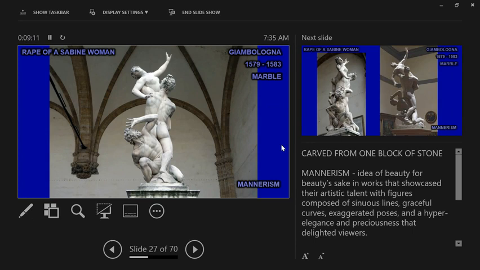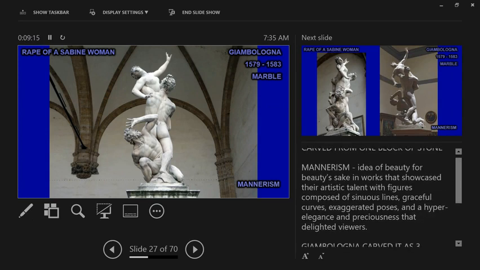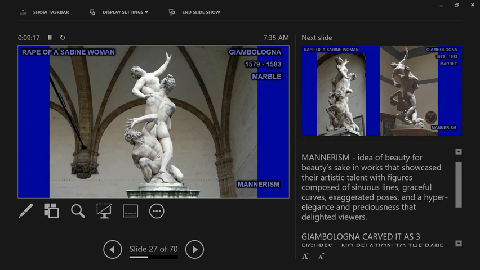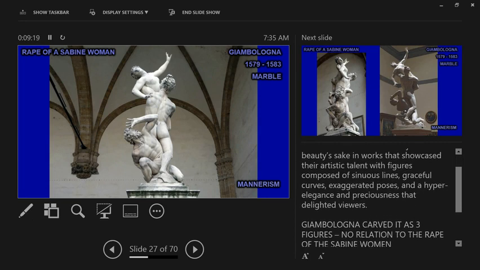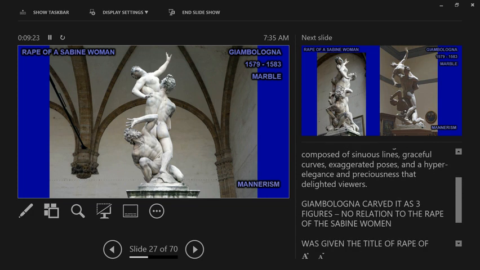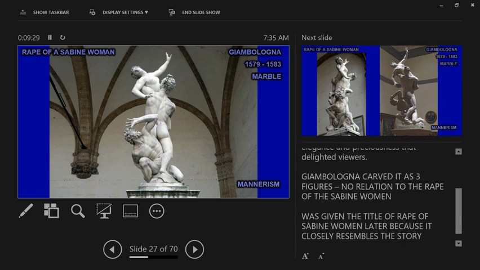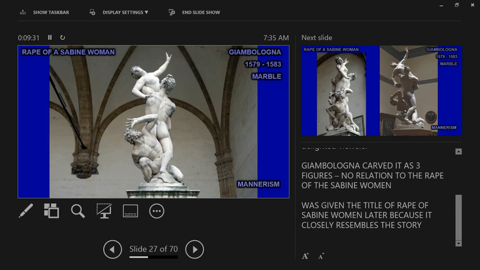And so, what makes this mannerism, let me read a little bit to you. This is the idea of beauty for beauty's sake in works that showcase their artistic talent, with figures composed of sinuous lines, graceful curves, exaggerated poses, and a hyper elegance and preciousness that delighted viewers.